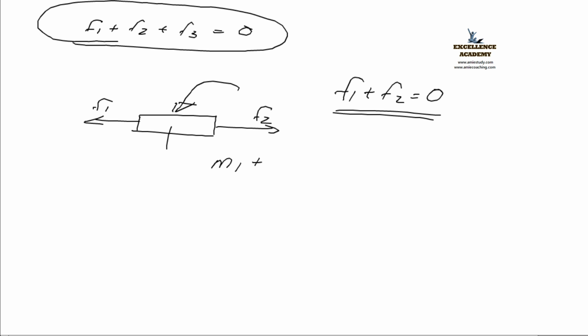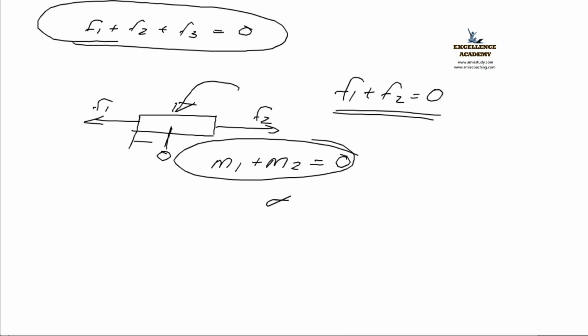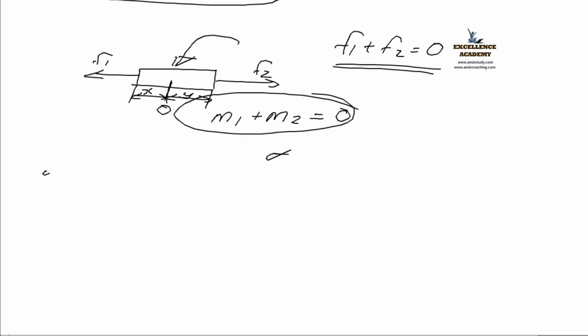That means, say I am going to take a moment from O, which is at a distance of X from F1 and Y from F2. Can you please tell me how I can find the moment with respect to O?